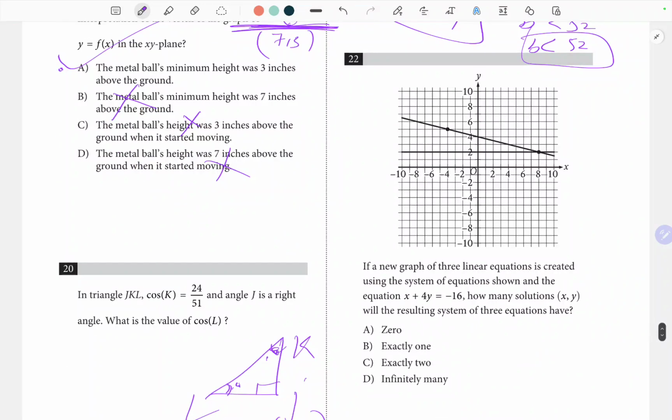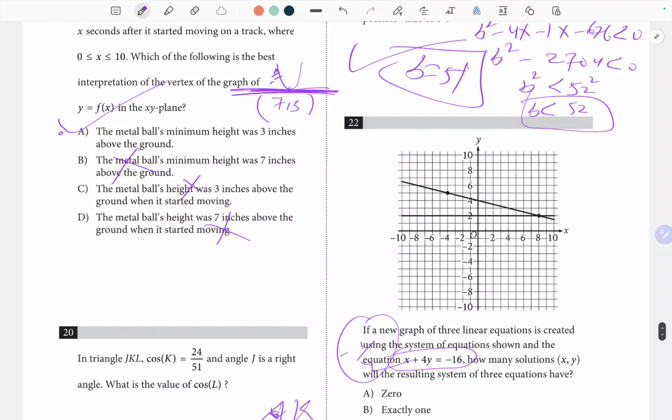Now question number 22. This graph is given to us. The new graph is from the 3 equations created using the system. Okay, this graph we have to draw. X plus 4y. So the gradient is minus 1 over 4. But the gradient for this is also minus 1 over 4. Can we find the gradient?